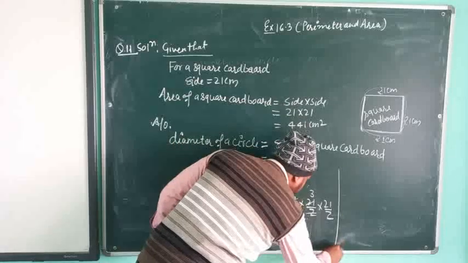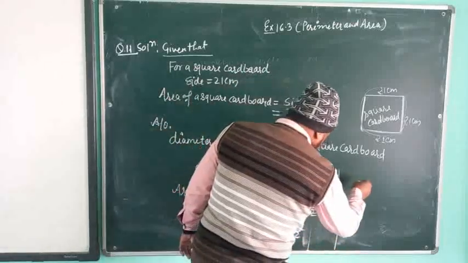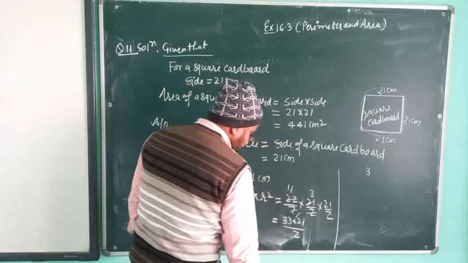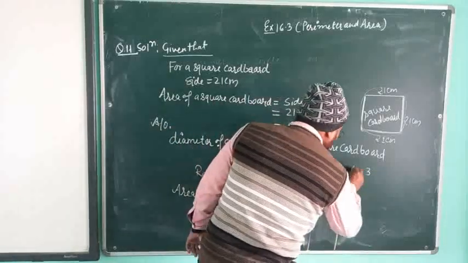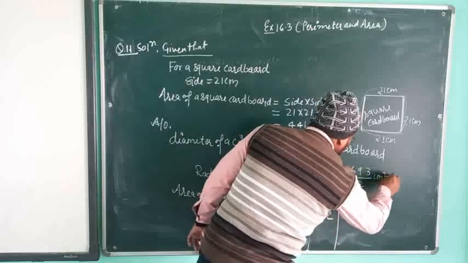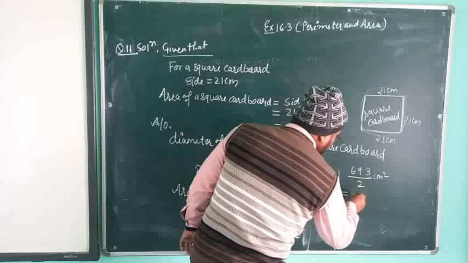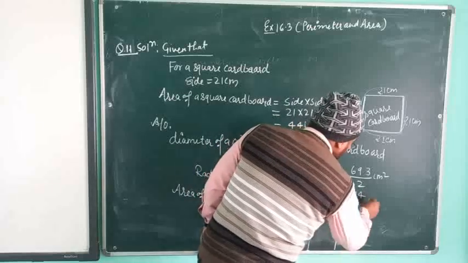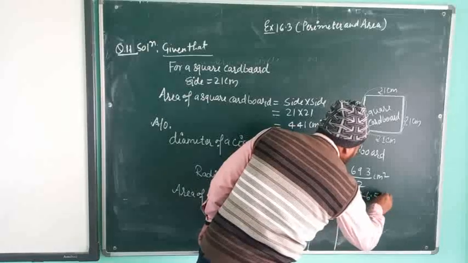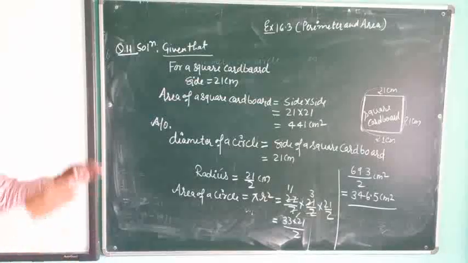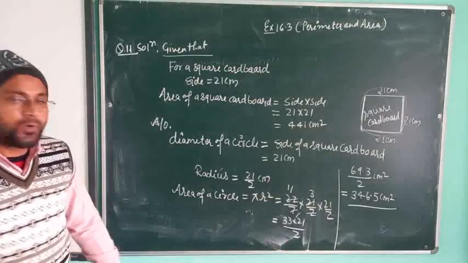If you do this multiplication, you will get 21 multiplied by 33, that is 693. 21 3 is 63. Then 693 upon 2 centimeter square. And if you divide it into decimal, you will get 346.5 centimeter square is the area of the circle which is taken out from this square cardboard.